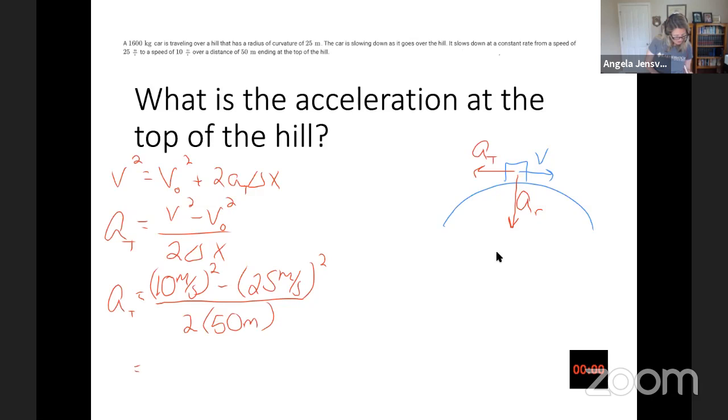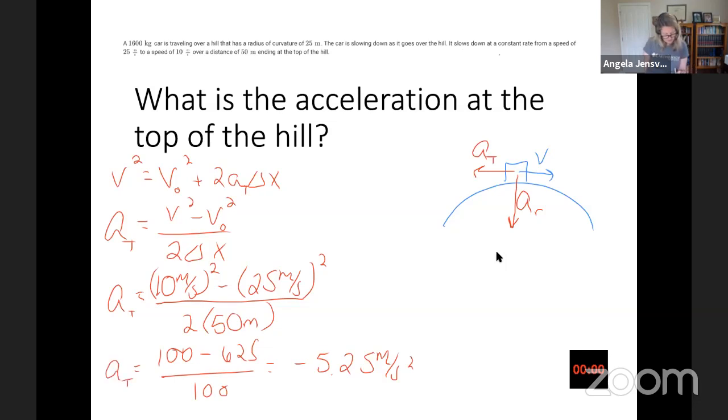So 10 squared is 100, right? 100 minus 625 over 100 is negative 5.25. Does that sound right? I think it's negative 5.25 meters per second squared. I think you could do that without a calculator, but it's pushing it. Okay, so that's the tangential acceleration.